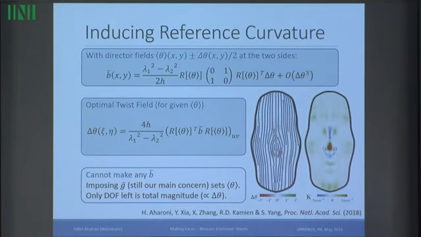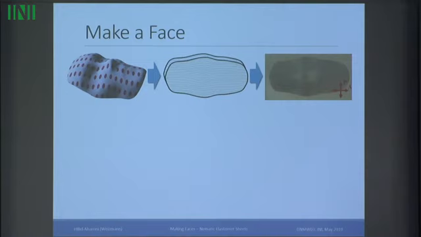So this, in fact, helped us create the actual face. Again, we start with the target geometry. We calculate a numerical solution for a planar director field. We then calculate the best twist field to put at every point. So we end up with two molds, one for the top half and one for the bottom half.